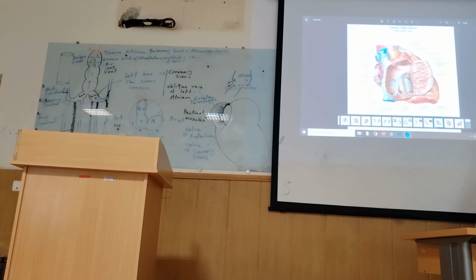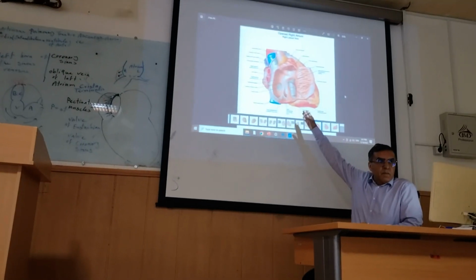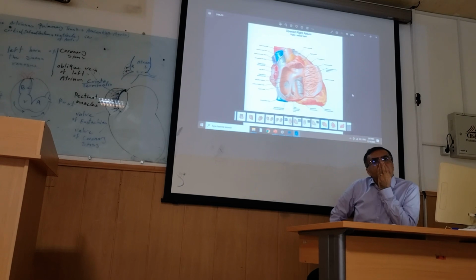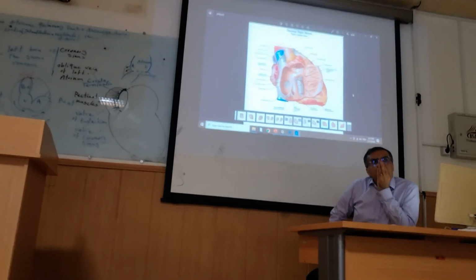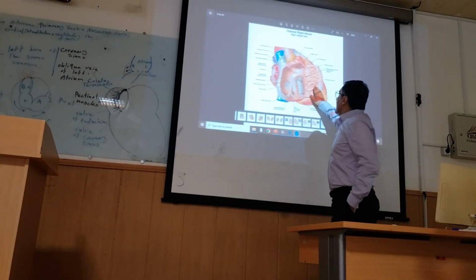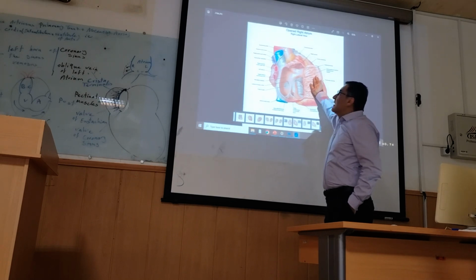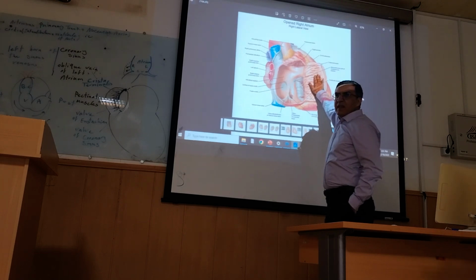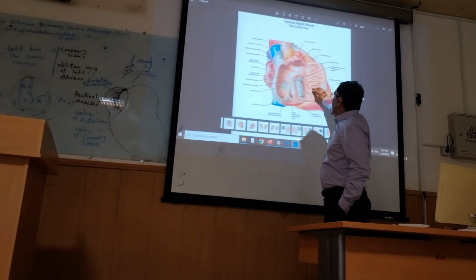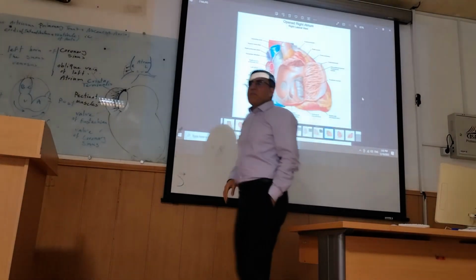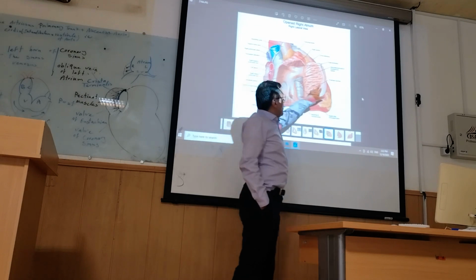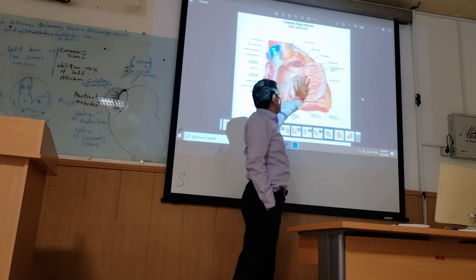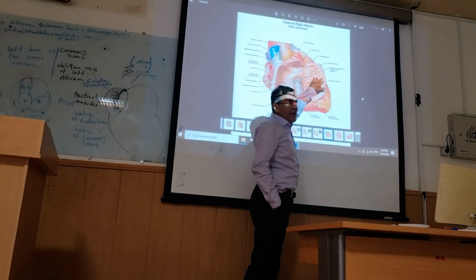Okay, look at the pictures. This is a normal anatomy. Look at the right atrium. In anatomy, we say the right atrium has two parts. One is the muscular part, named the auricle. The auricle contains one type of muscle, the pectinate muscle. The border separating the auricle from the smooth part is the crista terminalis.